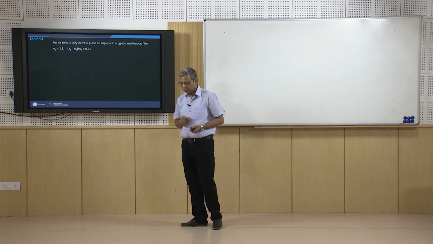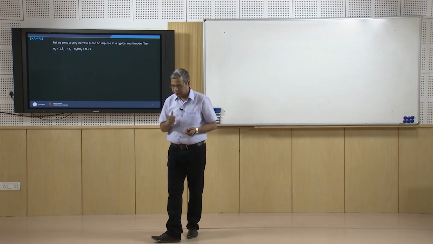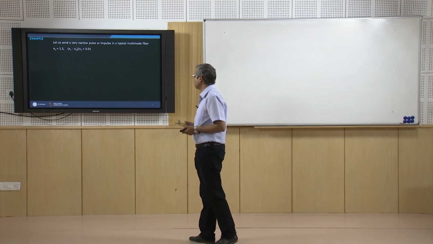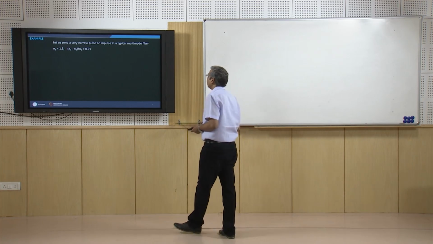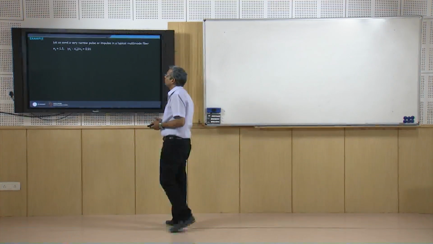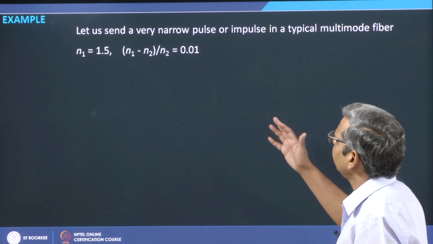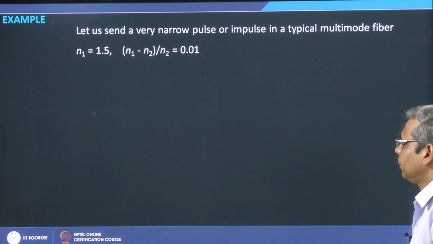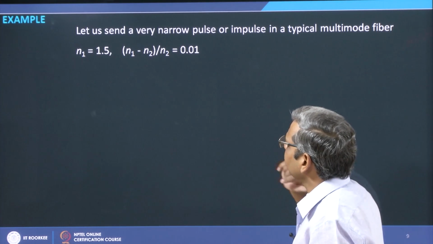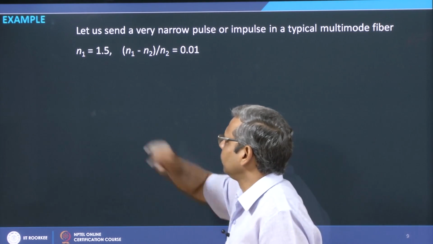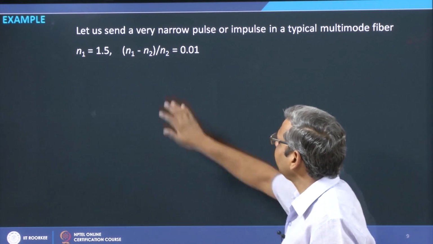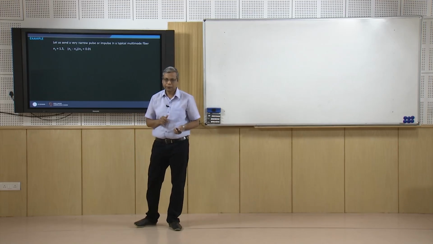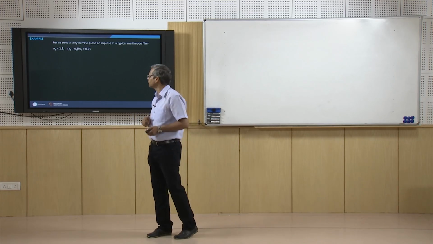Let us work out an example of how much broadening I am going to have for a typical fiber. If I have a typical multimode fiber and I send a very narrow pulse or impulse through that fiber, what would be the broadening? For a typical multimode fiber, N1 is equal to 1.5, and the relative index difference between the core and the cladding is typically 0.01 or 1%.